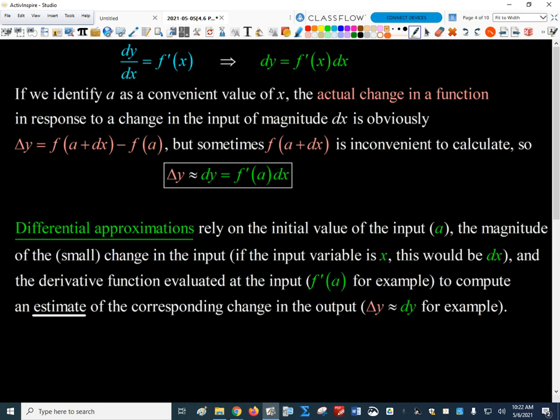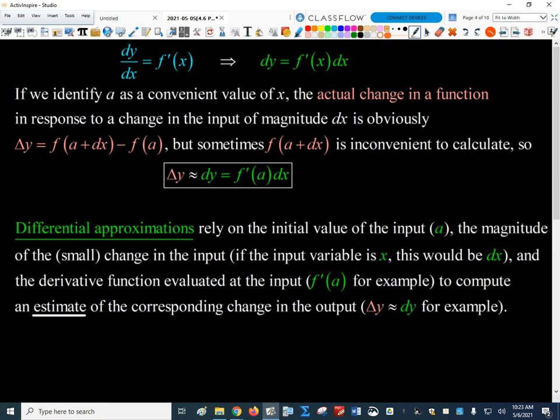The value of the function at our slightly offset x value minus the original value of the function at the original x value. But sometimes that's tough to calculate. So instead, we just use the approximation. The actual change in the function is approximated by the differential, f prime of a times dx, okay?